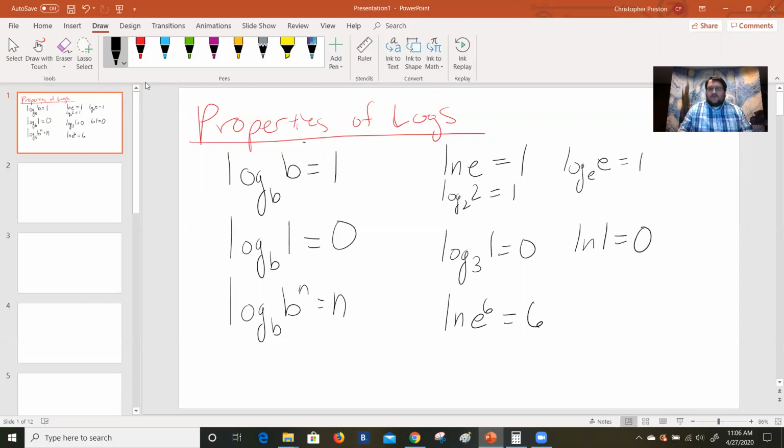Again, the bases match. What power of e gives you e to the 6th power? Well, the 6th power does. Or the log base 2 of 2 to the 8th, that's 3, because 8 is 2 to the 3rd. So the exponent is 3. So those are some basic properties.